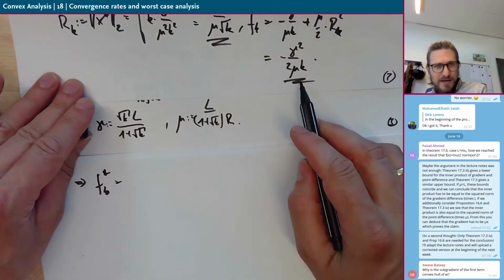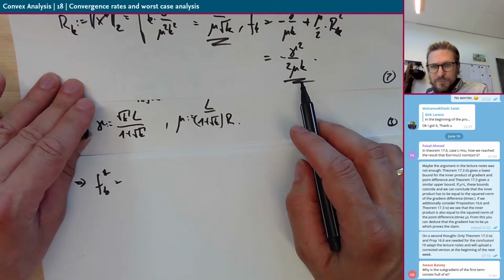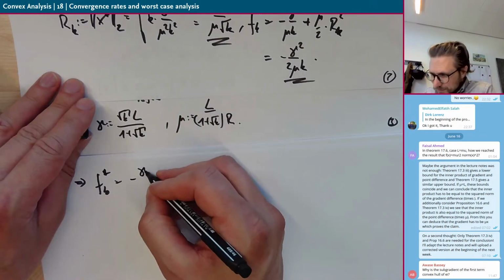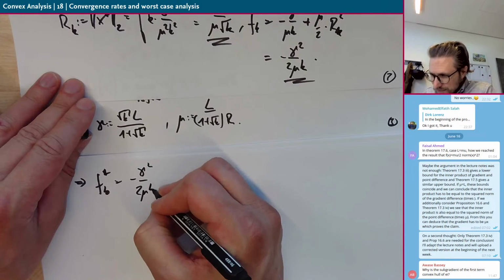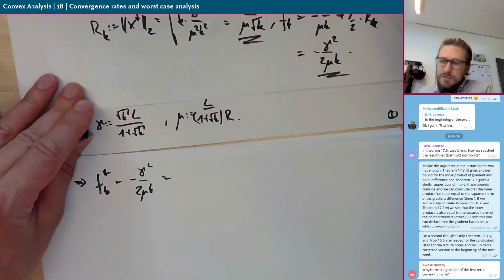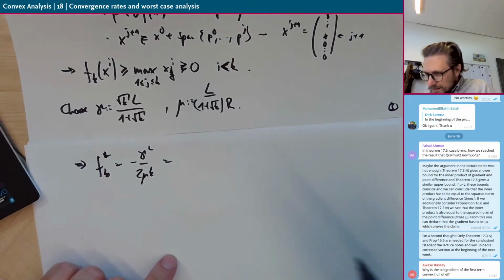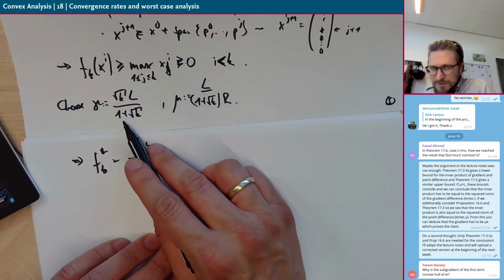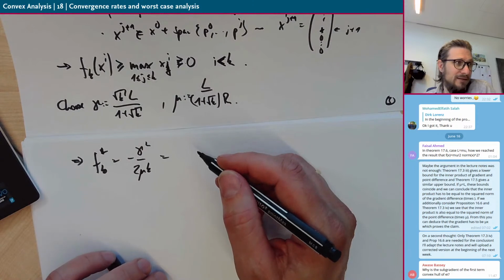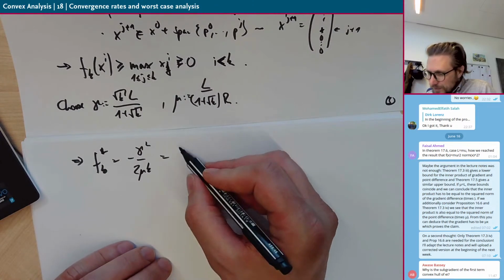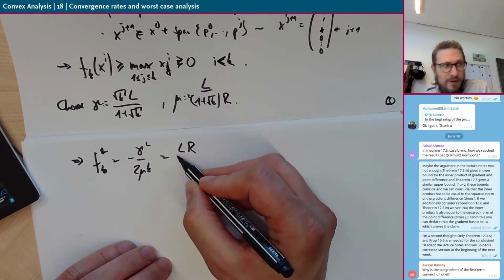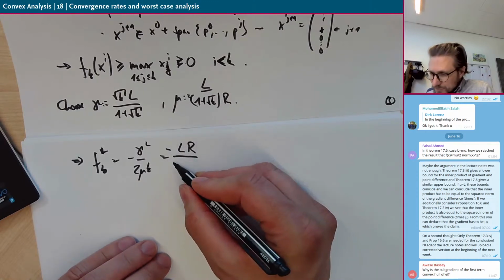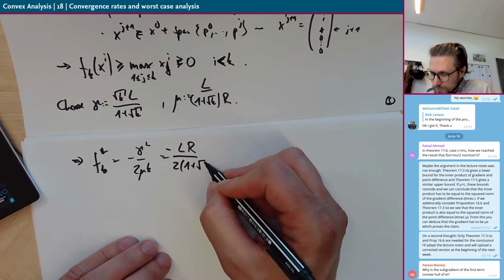It's minus gamma squared over 2 mu k, and this evaluates to gamma squared, and so it's a little bit of work to do this. So for example, this 1 plus square root of k almost cancels, but only 1. So in the end, you get minus LR divided by 2 times 1 over square root of k.